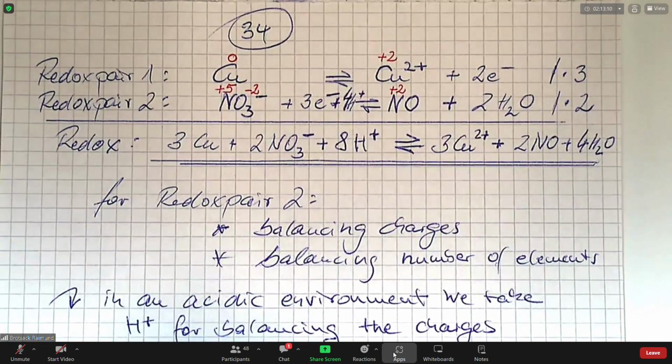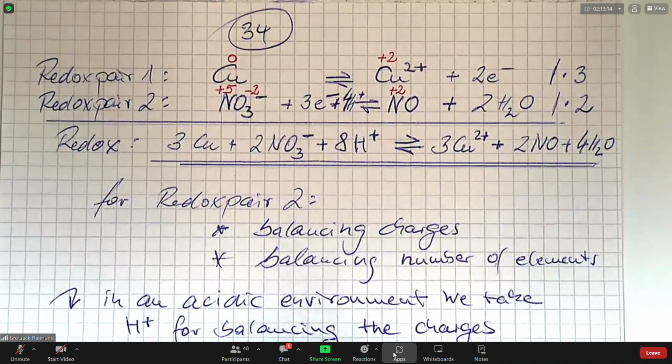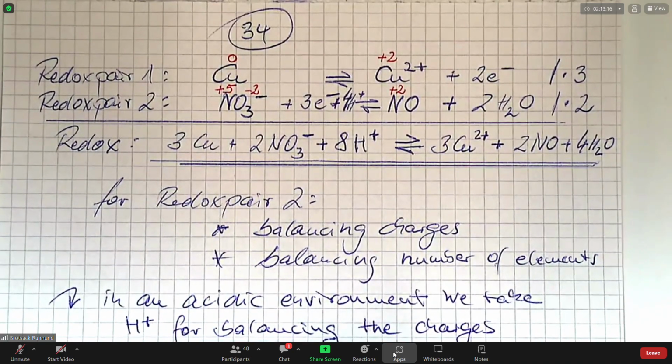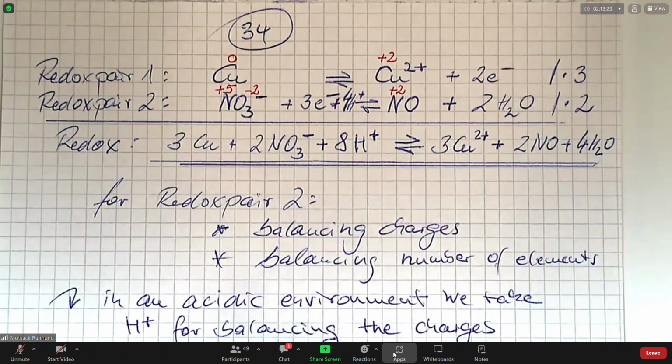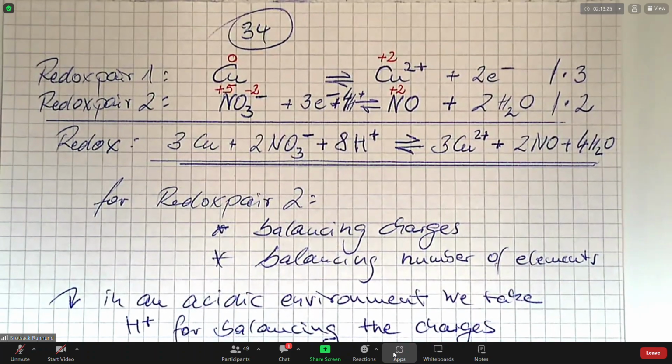And in an alkaline environment, we take OH minus for balancing the charges.